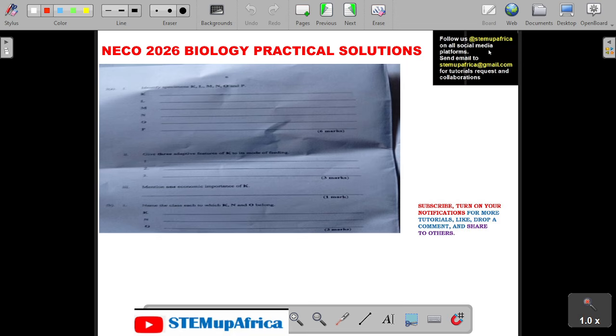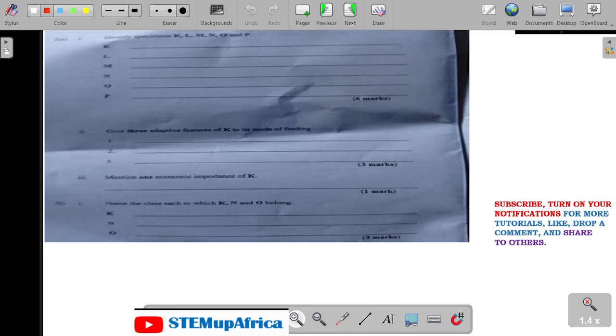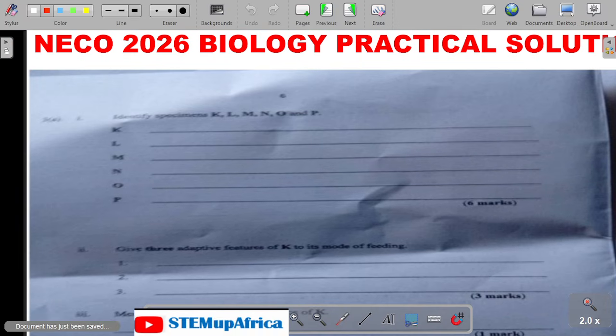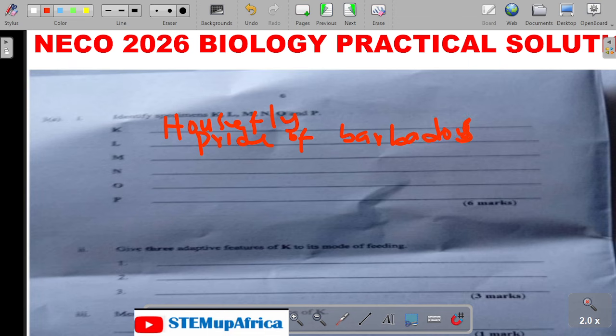Let's go to the next question. Identify K, L, M, N, and O. K is housefly. Then L is pride of Barbados.